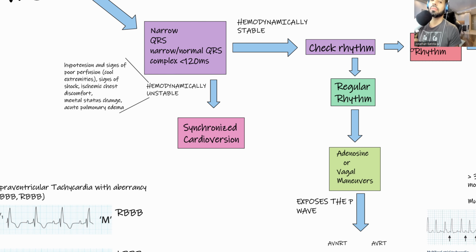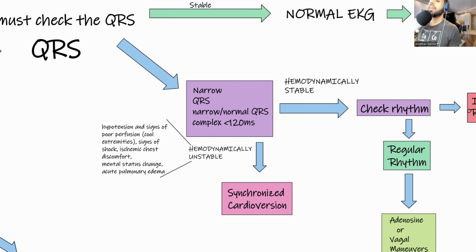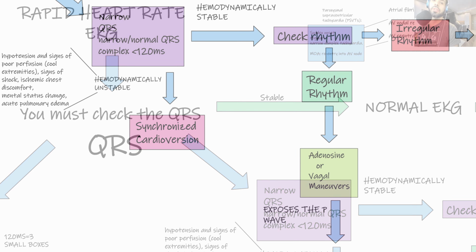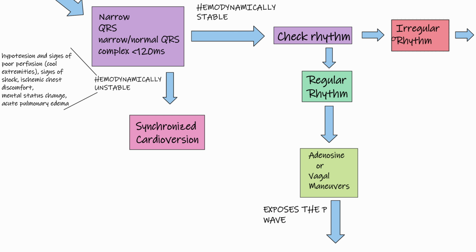So it's narrow. Okay, if that's the case, then if he's hemodynamically unstable, we do synchronized cardioversion. Get that out of the way. If a patient is coming to you with palpitations with a narrow QRS complex, next step in management for a hemodynamically unstable patient is cardioversion, synchronized cardioversion.